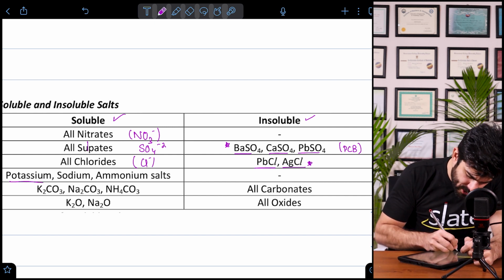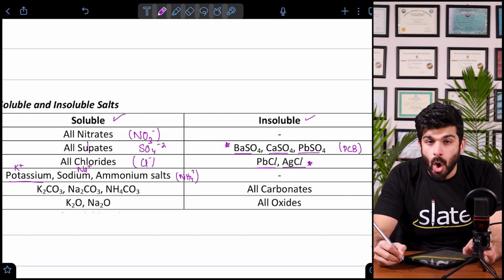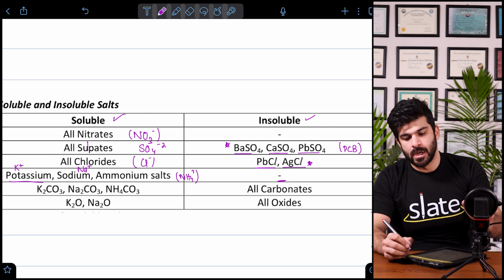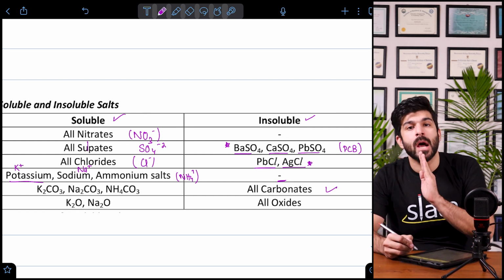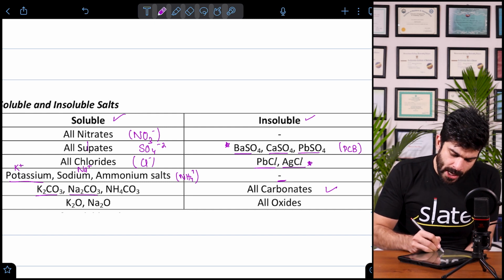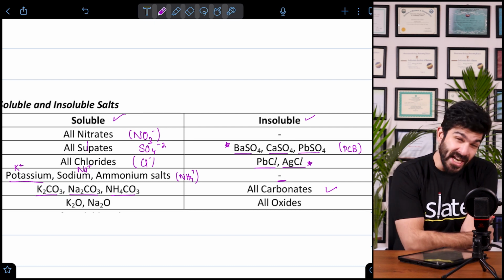All potassium (K+), sodium (Na+), and ammonium (NH4+) salts are soluble. There is no exception. When we talk about carbonates, all carbonates are insoluble except potassium, sodium, and ammonium. We can also say that group 1 salts are soluble because they are very reactive.